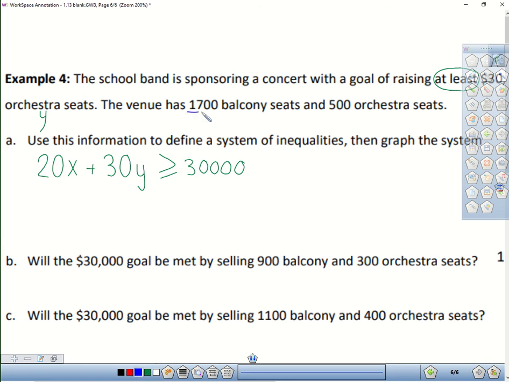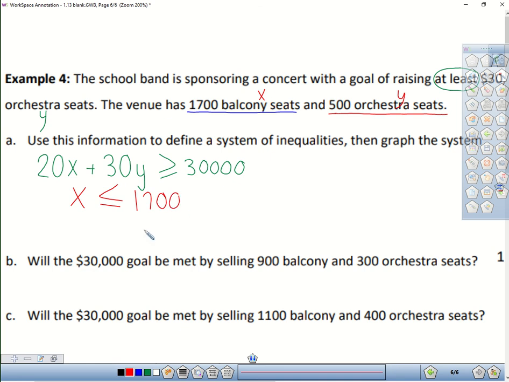Now the other inequalities are dealing with these two situations here. So you think about a venue, you're not going to have unlimited seats, right? Now this inequality you could make way above the amount of money, but the problem is you can't sell more seats than you have, right? So for balcony seats, the number of balcony seats that we sell has to be less than or equal to 1,700.